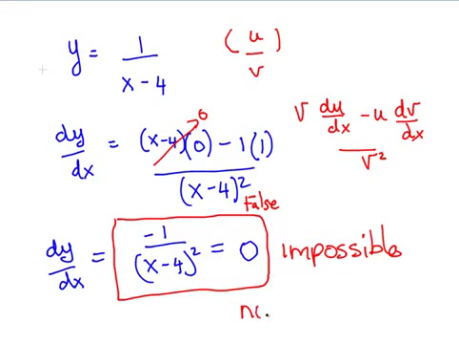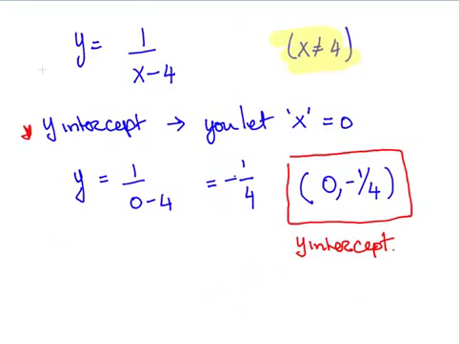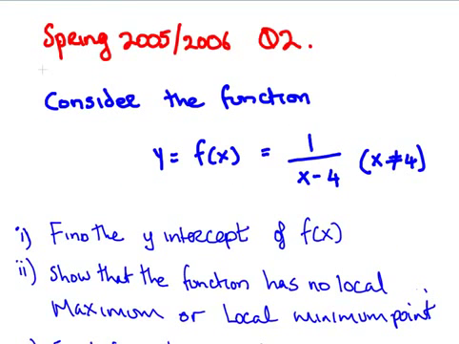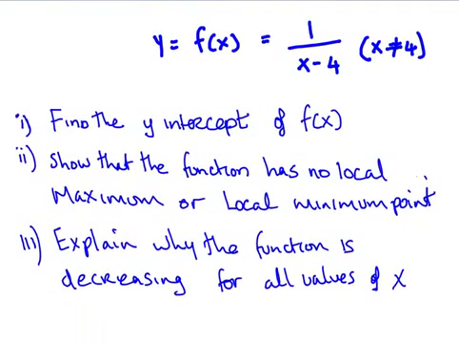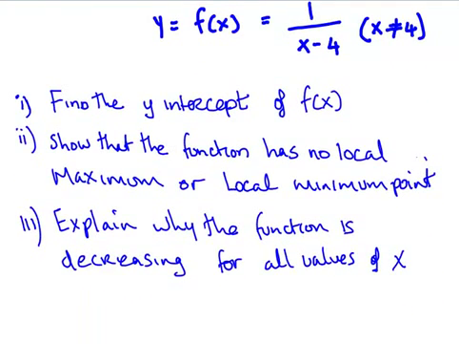So there are no turning points. There is no maximum and no minimum because it's not mathematically possible. That's a very important question; in the exam you get about 5 marks for that. In that particular year, the next question was to explain why the function is decreasing for all values of x.